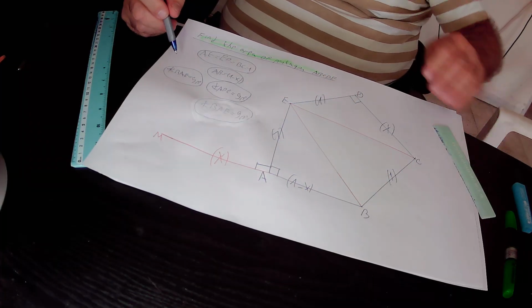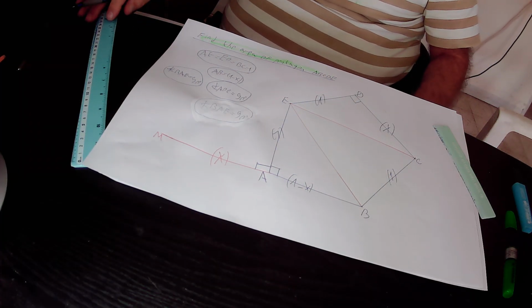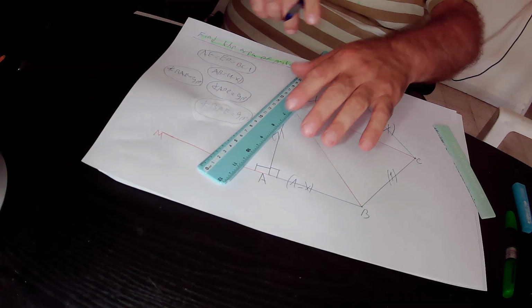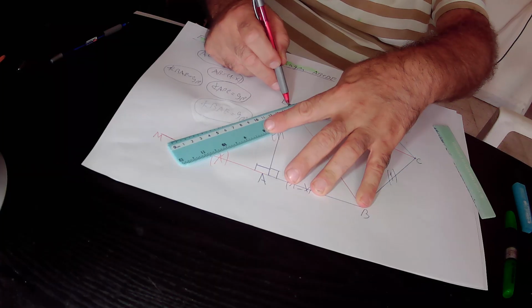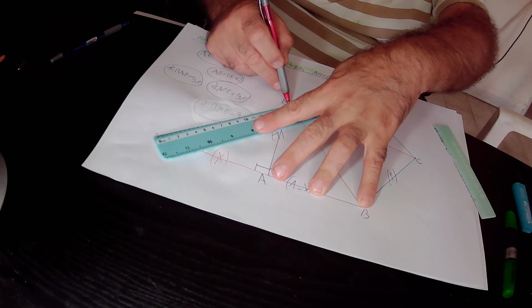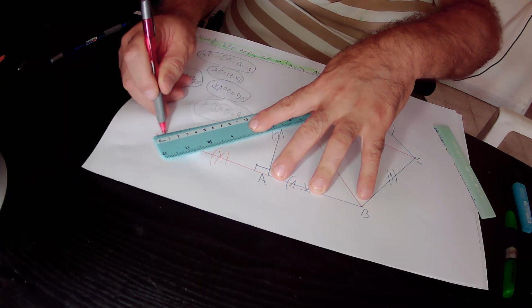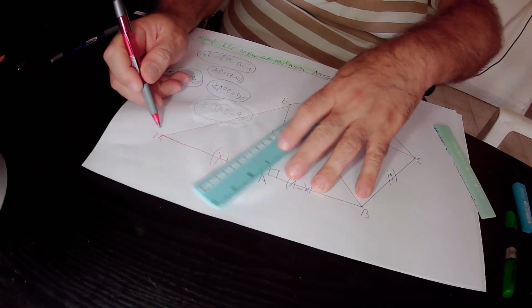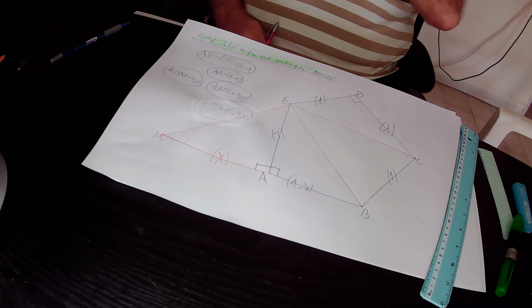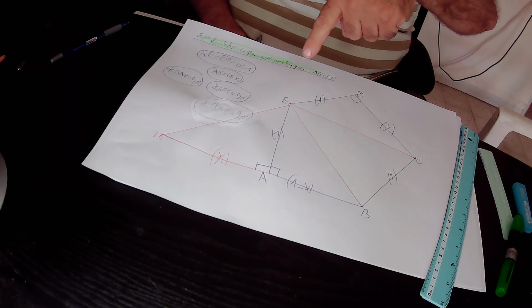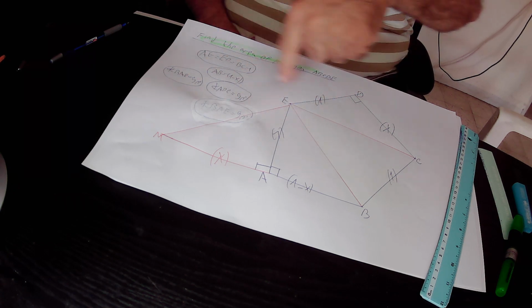In the next step, we join points E and M together by a straight line. By joining points E and M, we get the right triangle EAM.